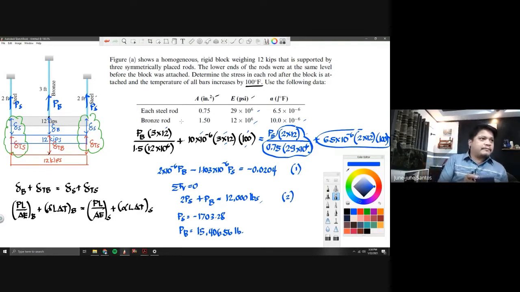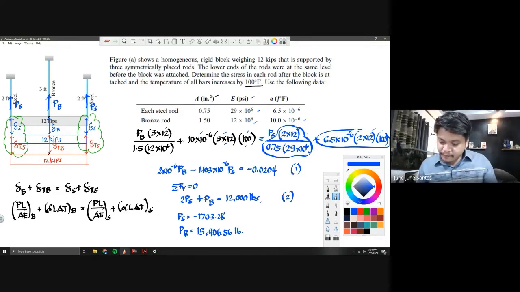Wait, bakit may kaiba ng sagot? 6.5 times 10 to the negative 6, 100, 2 times 12 plus PS 2 times 12.75 times 29 times 10 to the 6. Okay, then 10 times 10 to the 6. Okay. Arranging it. PB. Nakikita nyo ba kung saan ako nagkamali? Kasi mag-iba ng sagot.